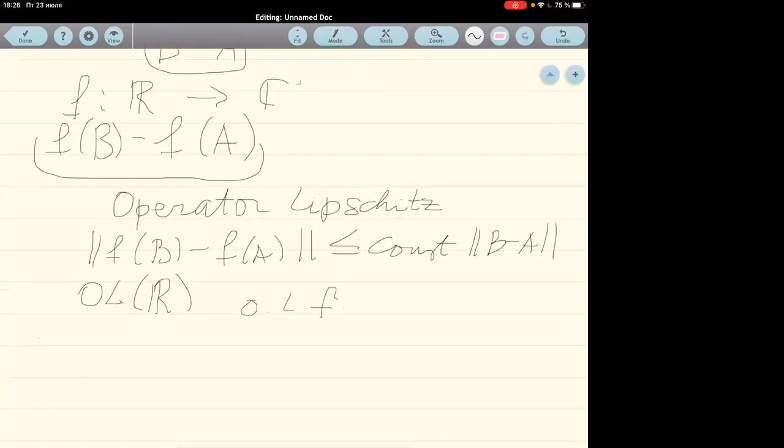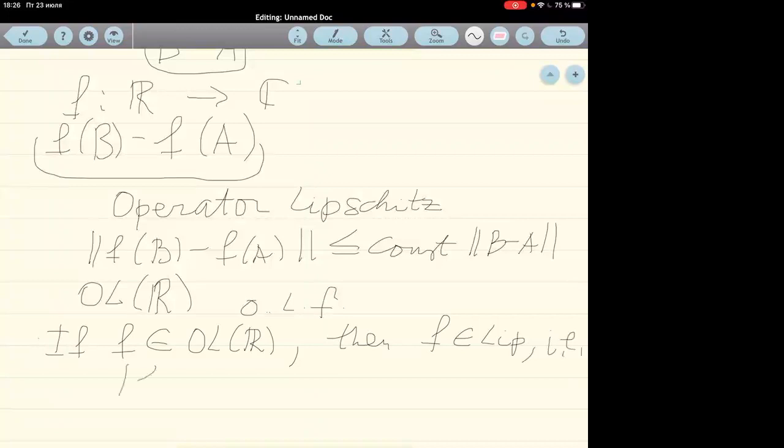First of all, it is absolutely trivial that if f is operator Lipschitz, then f is Lipschitz, which means that modulus f of x minus f of y is less than or equal to a constant times modulus x minus y.